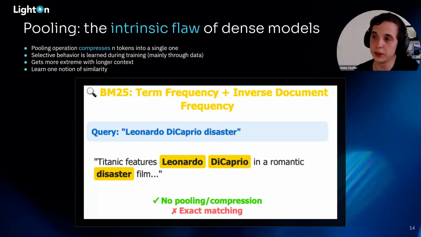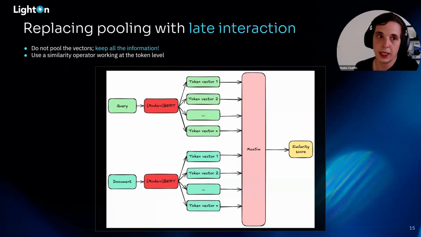But now, what if I told you that we actually have something that is close to BM25, but that is actually leveraging deep learning? This paradigm is known as multi-vector search or late interaction search. And so the start of the processing is the very same as with a single vector model.